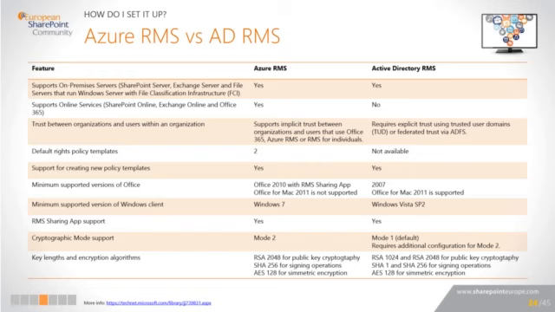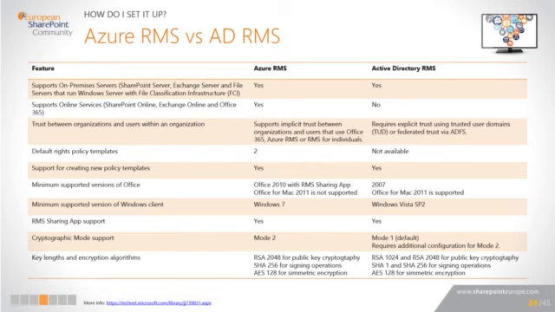In Azure RMS, trust is implicit if both parties are using Office 365, Azure RMS, or RMS for individuals. In Active Directory RMS, trust must be explicitly configured using trusted user domains or ADFS. Azure RMS includes two default rights policy templates, and AD RMS includes none. However, on both of them, you can create your own templates.